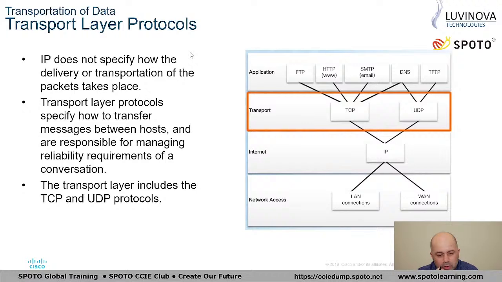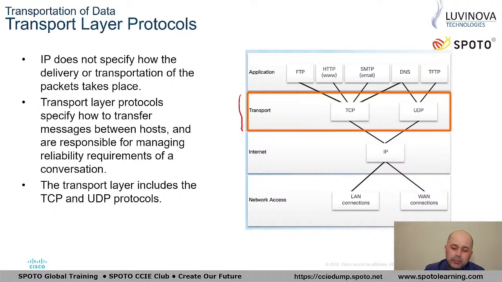The transport protocol layer is this one, and again it is the third one from the TCP/IP model. What protocols do we have in there? At the transport layer we have two protocols which carry this transportation. They are the TCP and UDP protocols: Transmission Control Protocol and User Datagram Protocol.